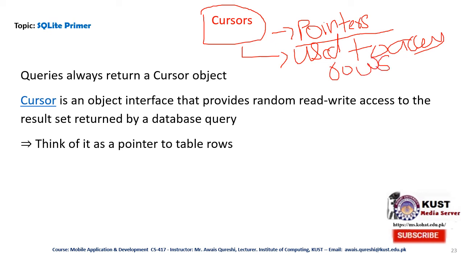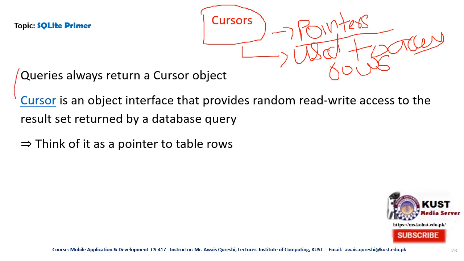We can use this in a loop, and if you want to check some specific values from rows, then you can use cursors, because there is no such benefit we have found from SQL queries. When you want to iterate over individual rows and select some particular values, we can use this cursor object.